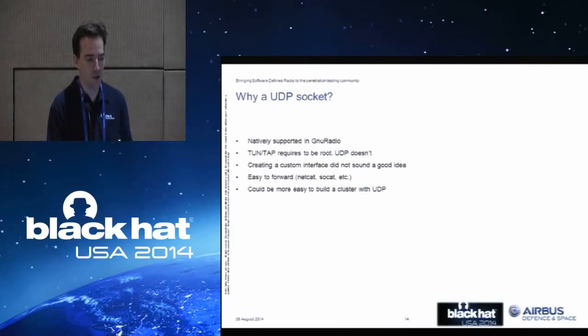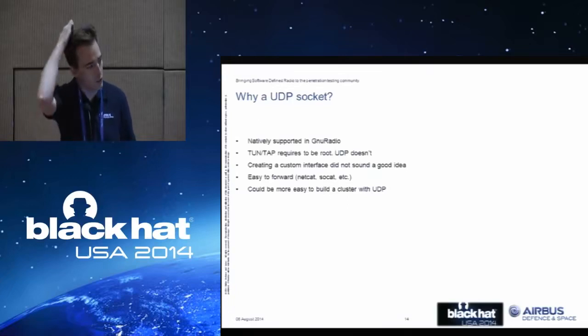It could also ease building a cluster, because sometimes with protocols, one SDR will not be sufficient. Sometimes you need multiple SDRs to deal with high bandwidth and high frequencies. So maybe UDP can help bring all the packets to one instance of Scapy and process them.